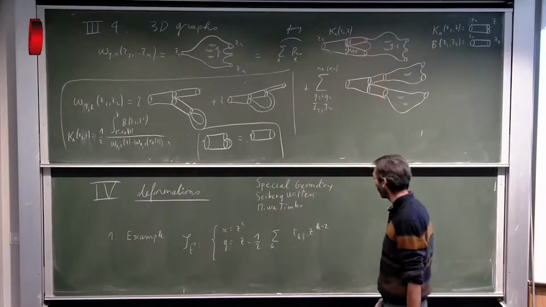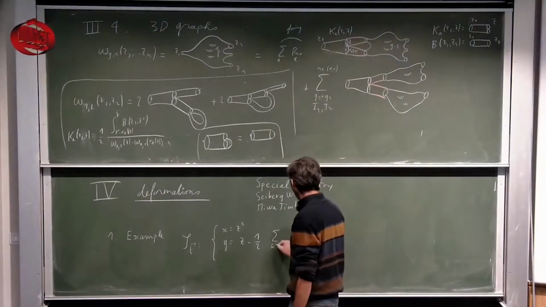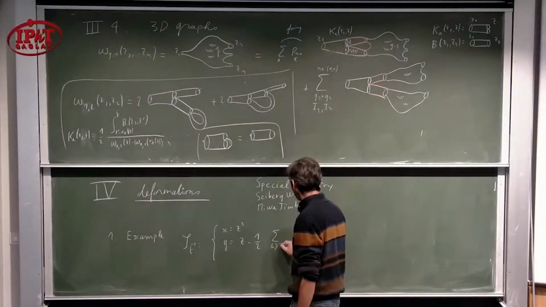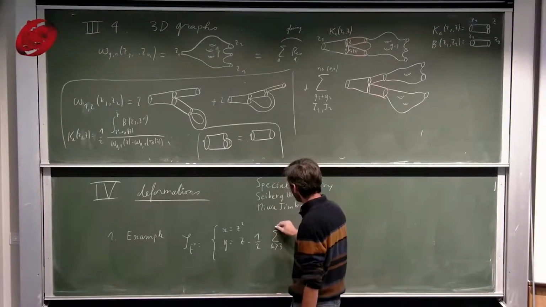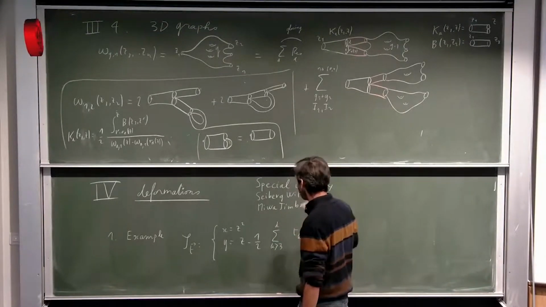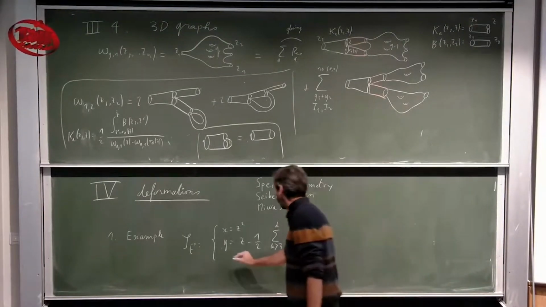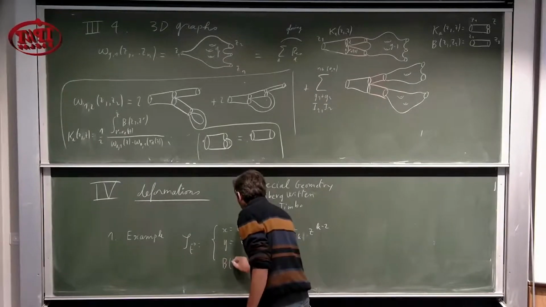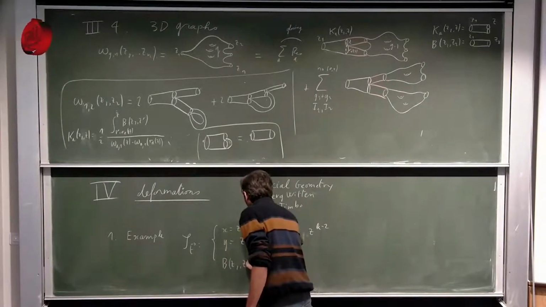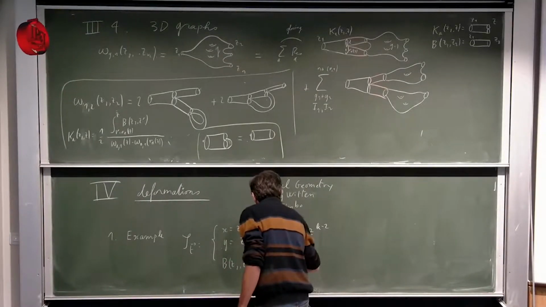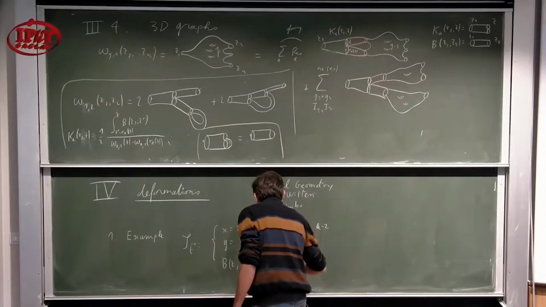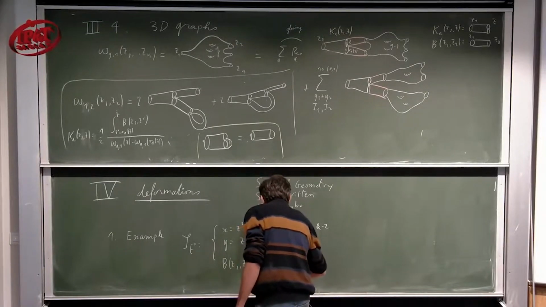And I will start with k larger than 3. And let me stop somewhere at some degree d, whatever. And dz1 dz2 over (z1 minus z2) squared is B of z1, z2.